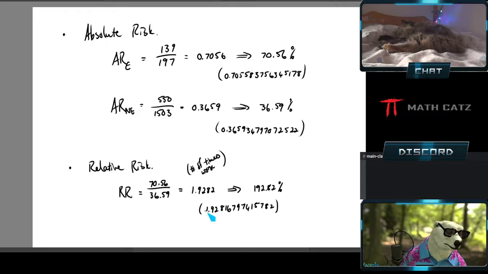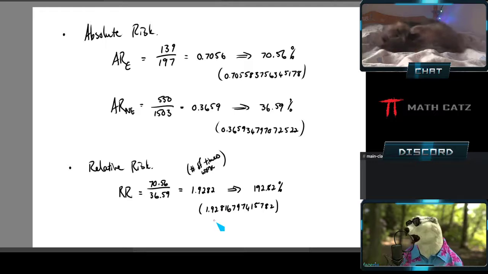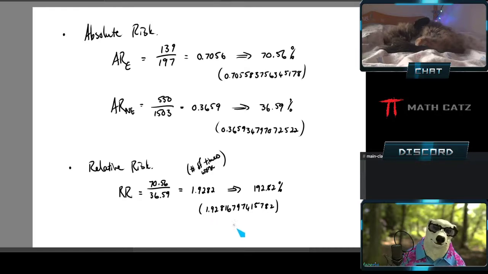So if I interpret this, very similar to our previous video, I could say that smoking causes my chances of getting lung cancer to be almost 2 times as much. Or, of course, you can say I'm 2 times as likely to get lung cancer if I smoke. That is what this is telling me.